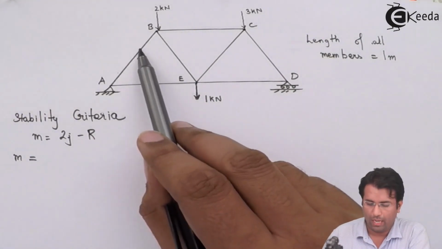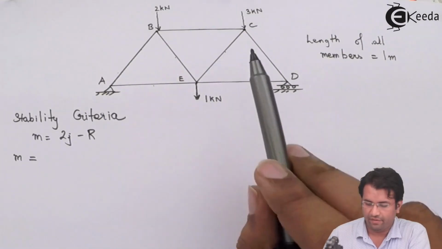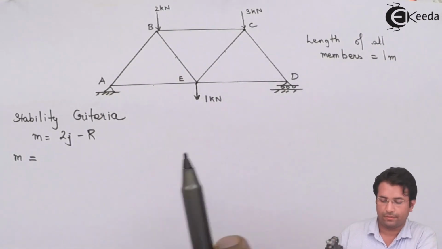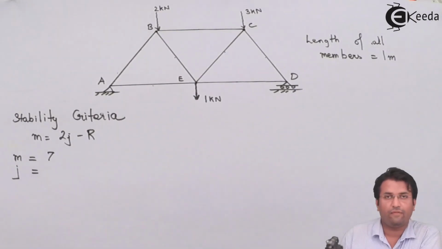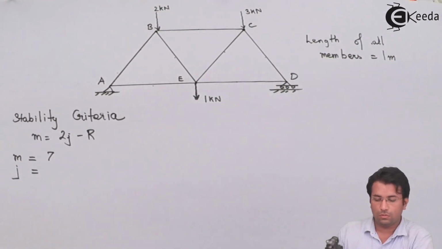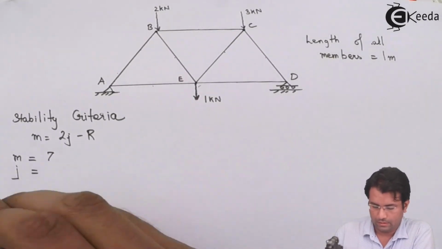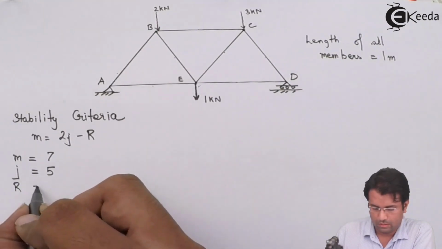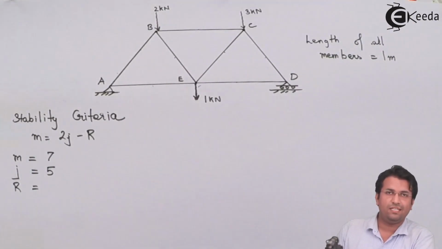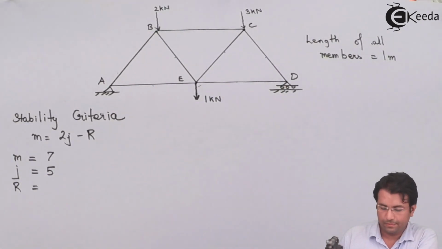Member AB 1, 2, 3, 4, 5, 6 and 7. We have to find out the number of joints as well. Number of reactions: since we have a hinge support and a roller support, the number of reactions will be 3.